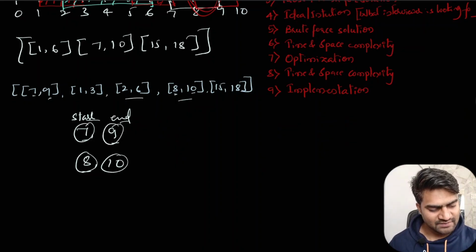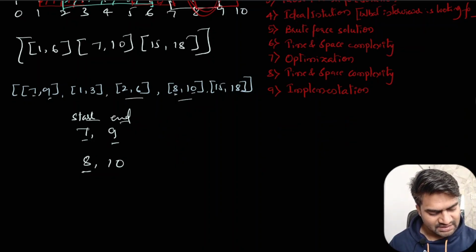So I will do that. Now I will update the start with the minimum of the current start and the next start, which is 7, so there is no change. But for the end, our end should be the maximum of the end and the next end. Okay, so this gets updated to 10.